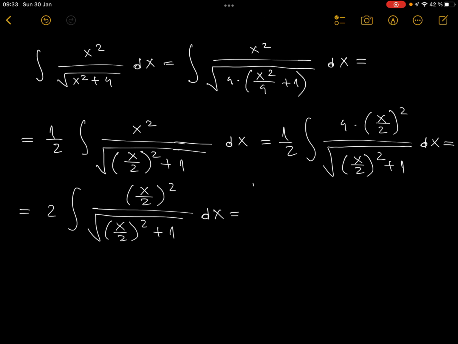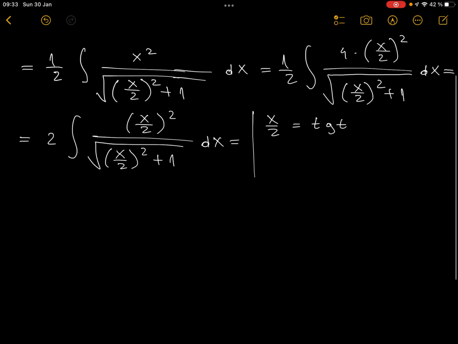dx. Okay, so I'm just going to go ahead and say that x over 2 is equal to tangent t, or dx over 2 is equal to dt over cosine squared t.